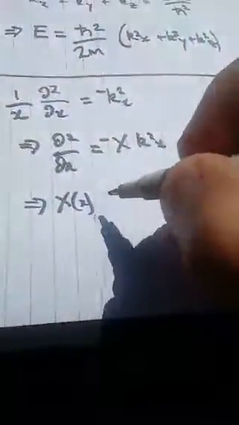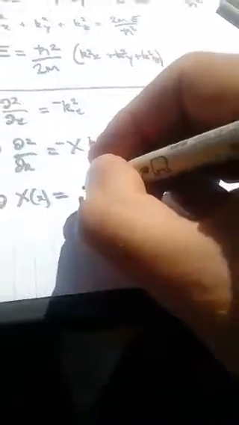Well, there's only one function that can do that. And anyone who's done second year calculus at uni will know what that function is. And that function is this. This implies that this function x of x, this wave equation in one dimension, is going to equal a of x, which is the amplitude, sine kx, which is the fingerprint, plus b of x cos kx.